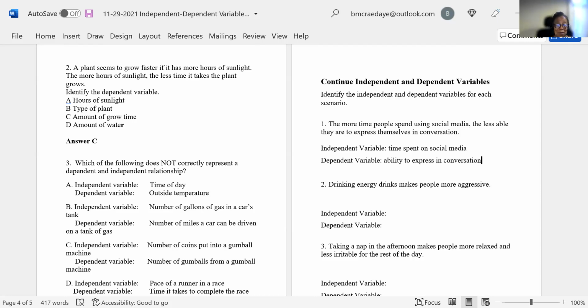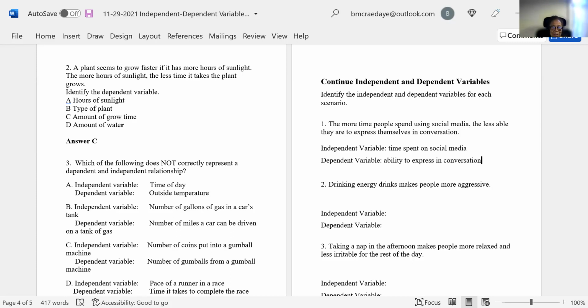They said, how much conversation are we going to have if everybody's checking their phone? That was a good idea. If you got people over, you want to have some kind of social interaction. It's getting harder and harder for people to do that with the cell phones. So ability to express in conversation is dependent upon the time spent on social media.